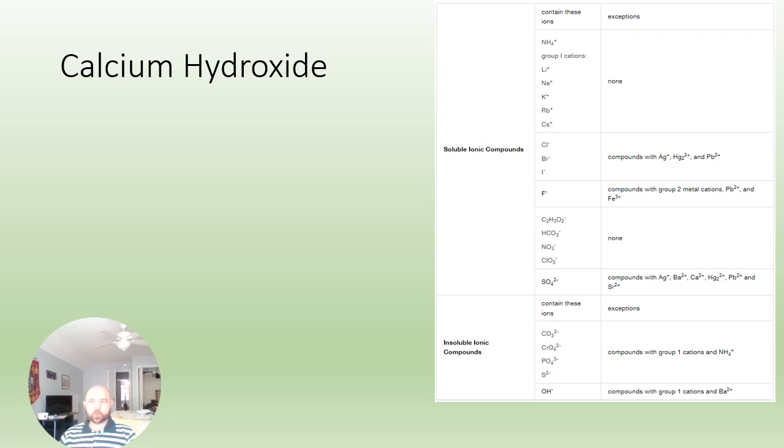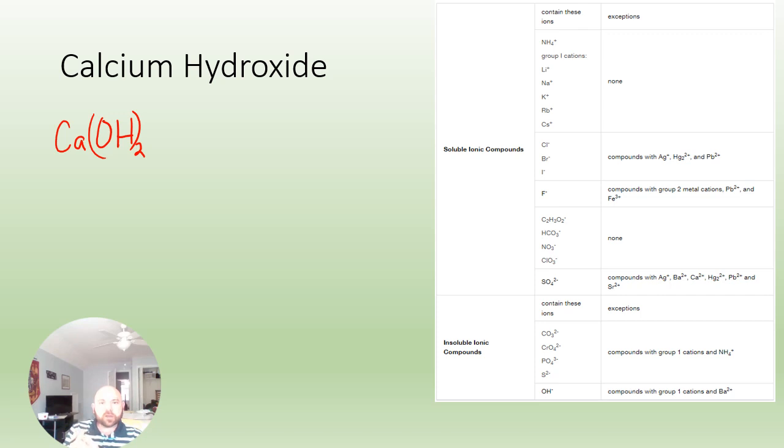Here's our next example, calcium hydroxide, and we will write out the formula for calcium hydroxide first so we can see what ions are involved. Calcium is Ca, and it's a 2+. So when we write the hydroxide ion here, OH, we'll need a 2 for our hydroxide ion. The formula for calcium hydroxide is Ca(OH)2.